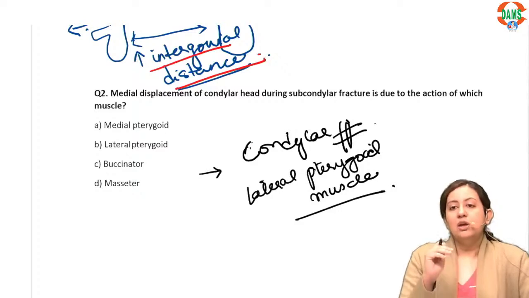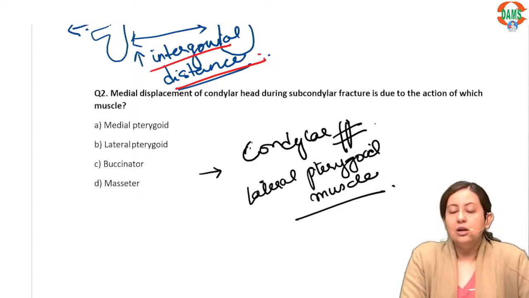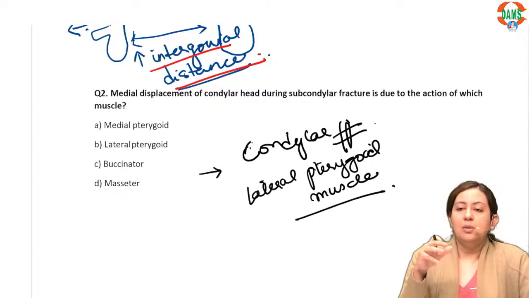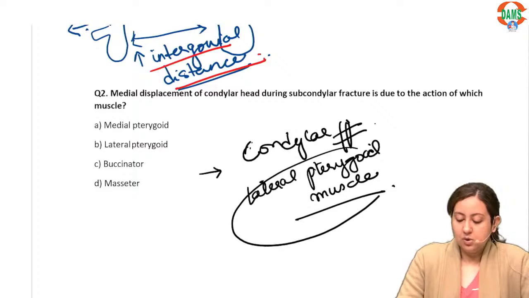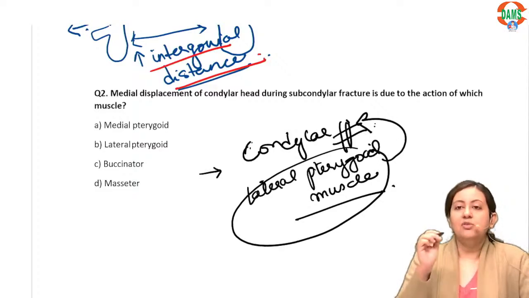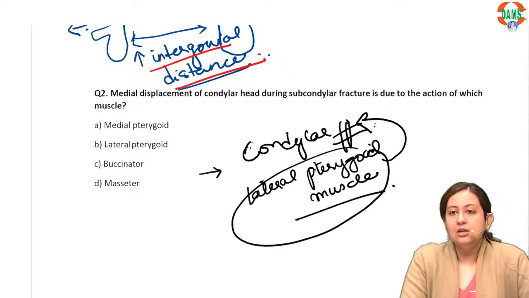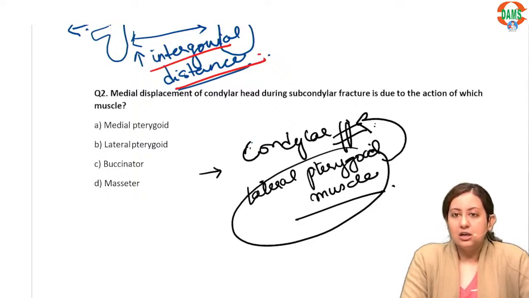All right, so if there is a fracture of the condyle, the lateral pterygoid muscle pull will cause displacement of the fractured condylar segment.